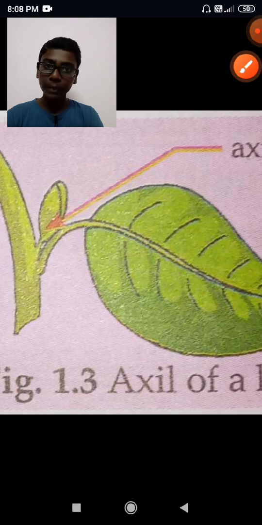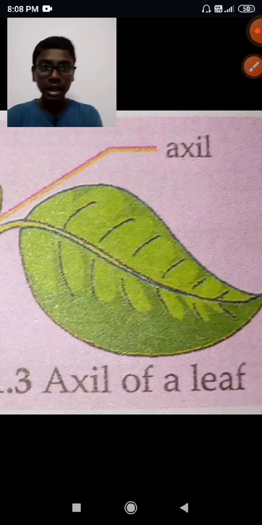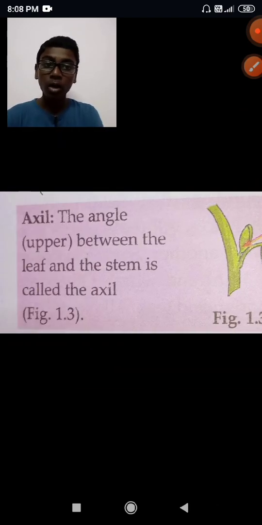So the space between the leaf and the stem is known as the axil, and in the axil the axillary bud is present. I repeat, in the axil, the axillary bud is present.